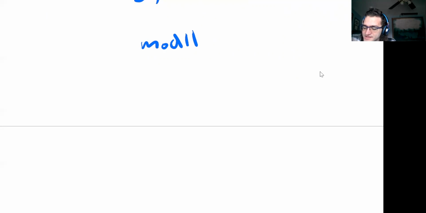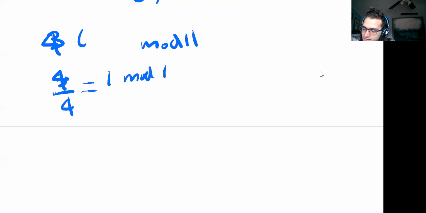Instead of division, we'll actually work with inverses, because division doesn't really make sense in the mod space. Say I wanted to ask, is it the case that 4 over 4 equals 1 mod 11?